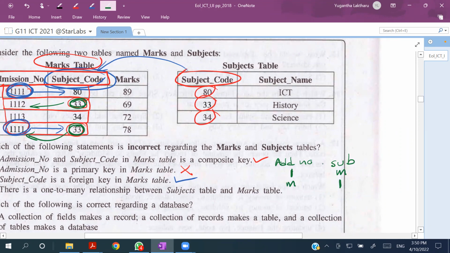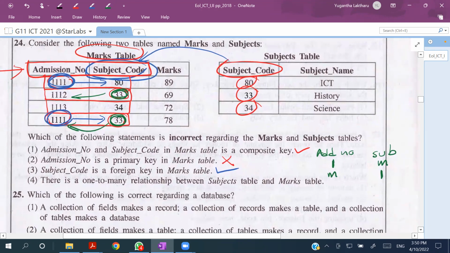So actually the subject and the marks table, hold on. They are talking about subject and the marks table, right? Okay, one subject has many marks. Now it's a little bit tricky, people, right? So admission number goes with the student table.